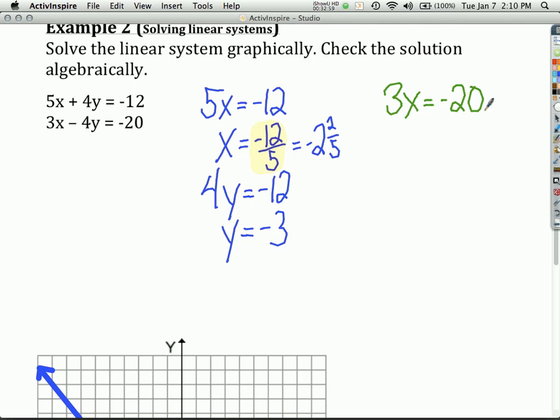Divide both sides by 3, and we get x equals negative 20 thirds. And now make the x into a 0, and we are left with negative 4y equals negative 20. You could just do mental math for that. Y equals 5.